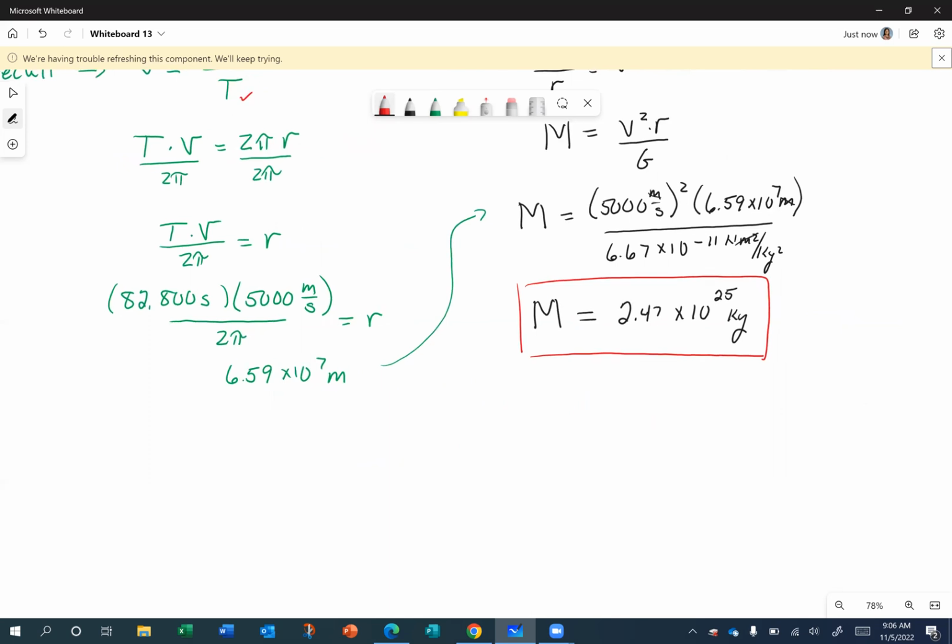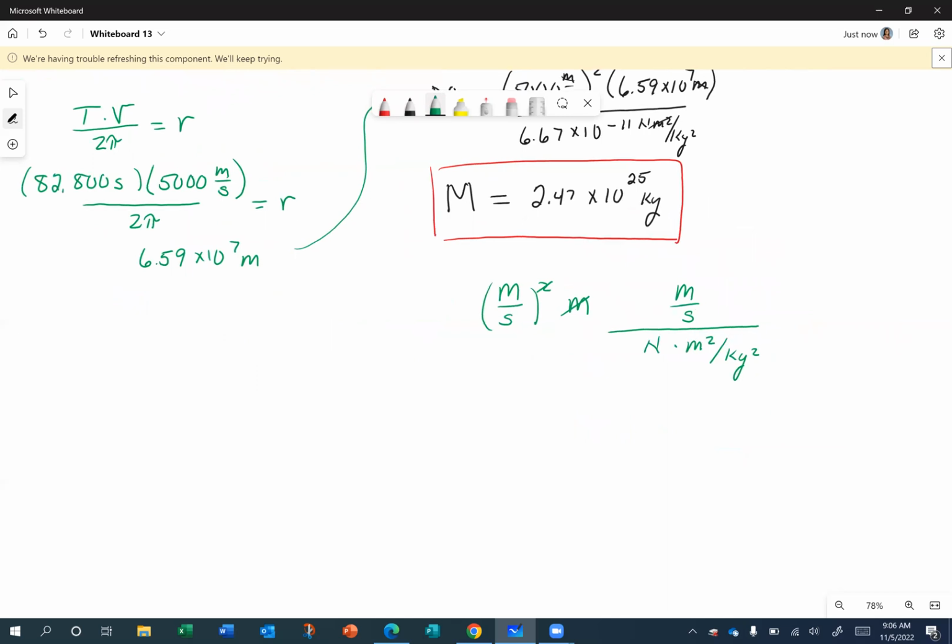Okay. Real quick, I'm going to work through those units. We have meters per second that gets squared, multiplied by a meter. Right away we can say that takes out one of those, so what we're left with on the top is a meter over second. On the bottom, we have a Newton times meters squared per kilogram squared. Remember, when you divide by a fraction, you reciprocate.